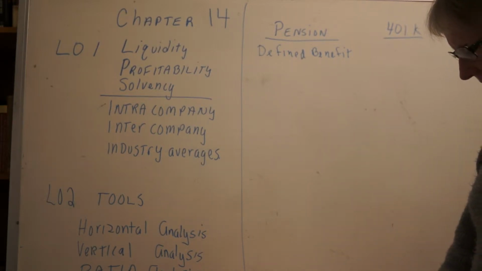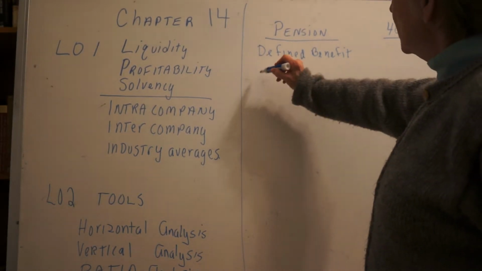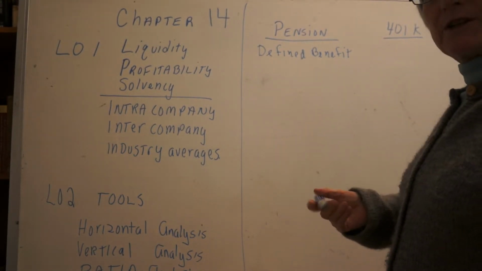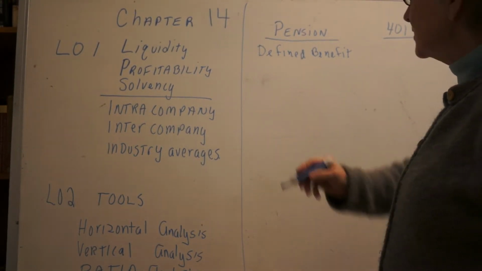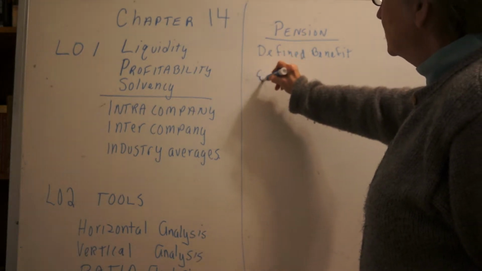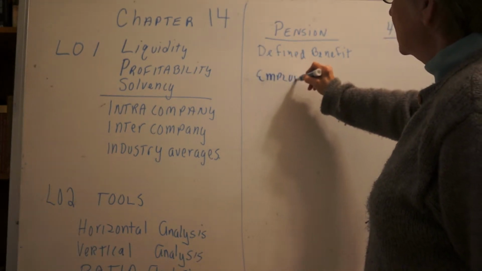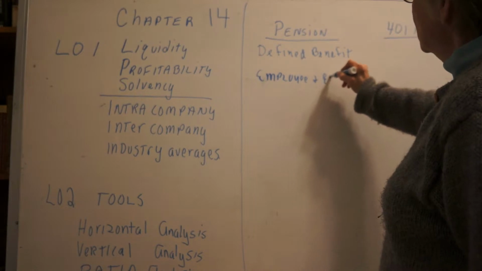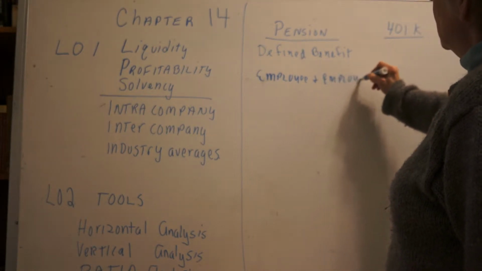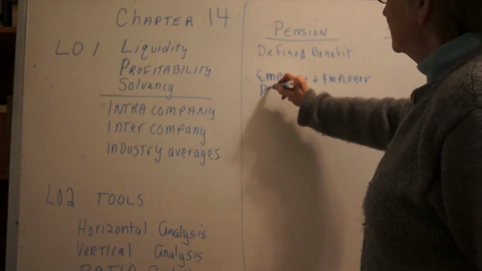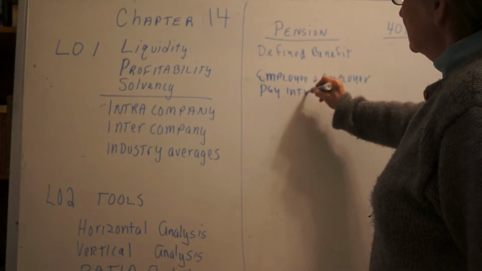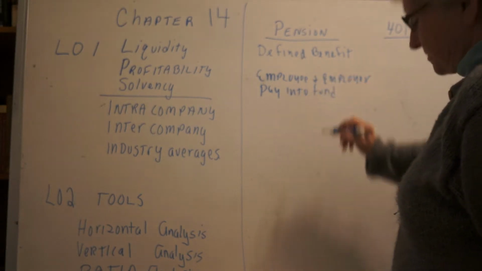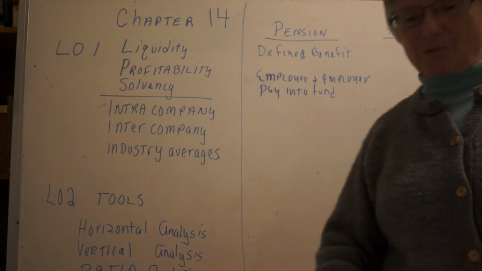And in a pension, you and the employer would pay into a fund. I actually have a pension working at Mass Bay. So the employee and the employer pay into a fund. They do that every month, every pay period.